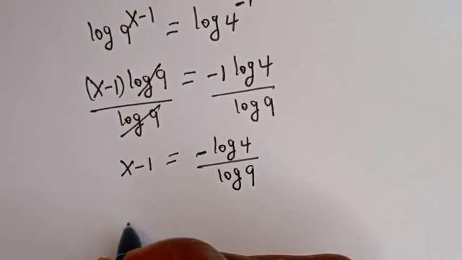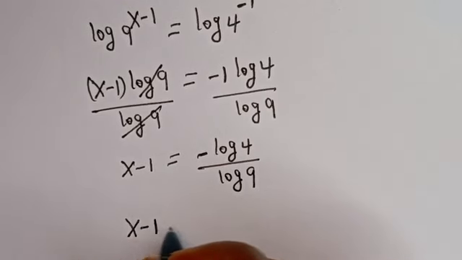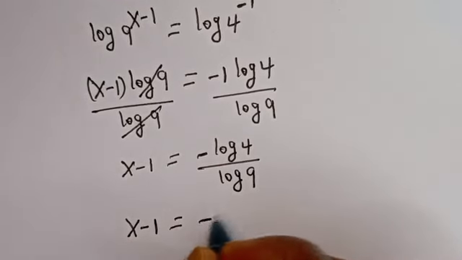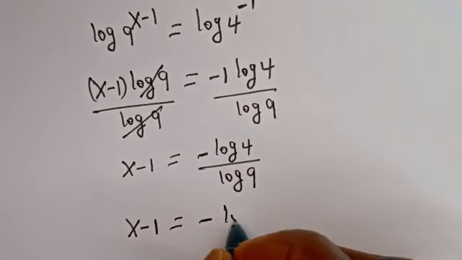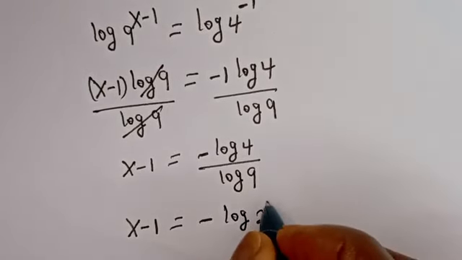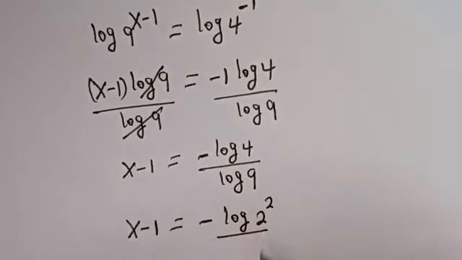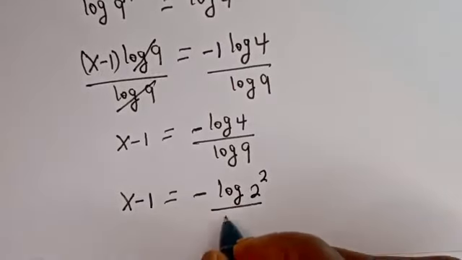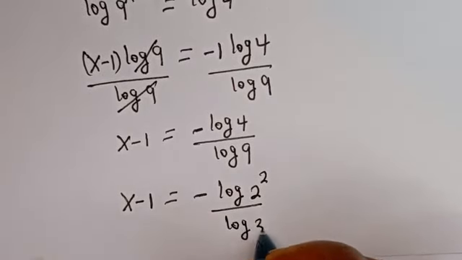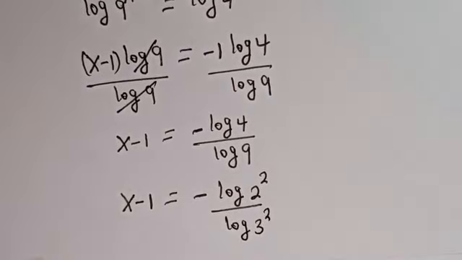Now x minus 1 is equal to minus log 4 can be written as log 2 square divided by log 9 can be written as log 3 square.